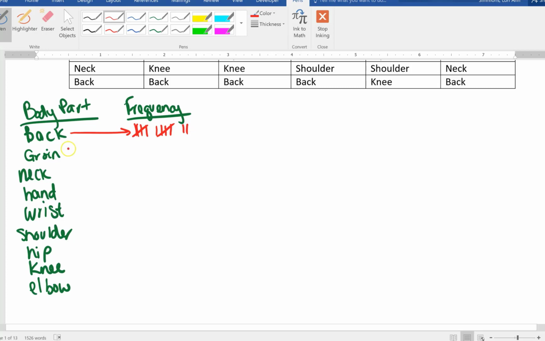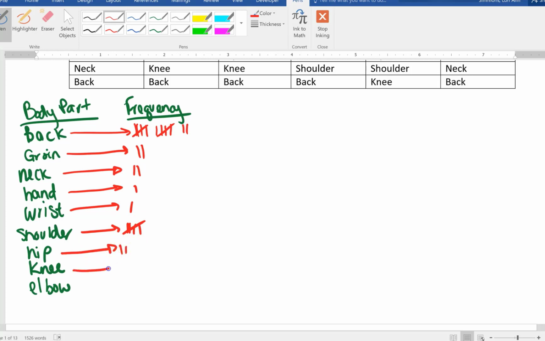So that's why I use them. Groin, there was 2. Neck, there was 2. Hand, I had 1. Wrist, there's 1. Shoulder, 5. Hip, 2. Knee, 4. And elbow, 1.